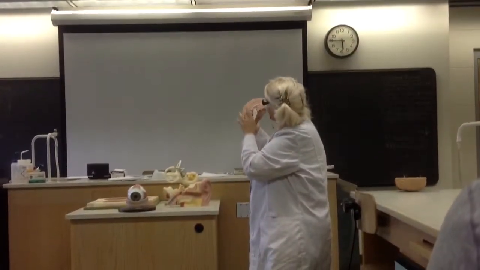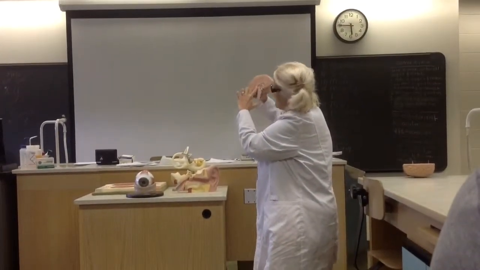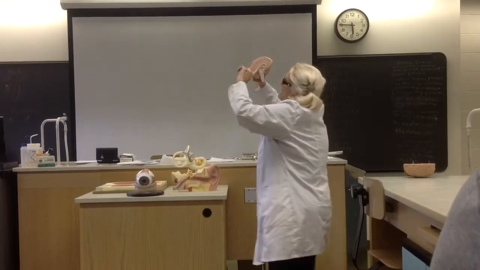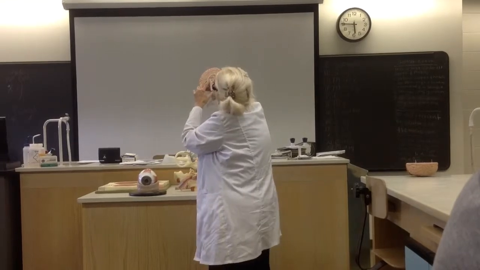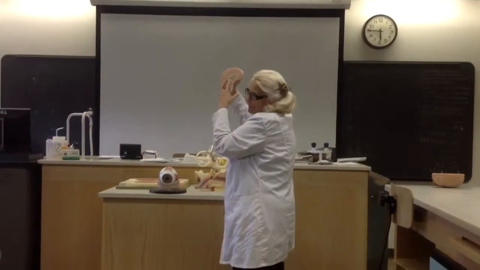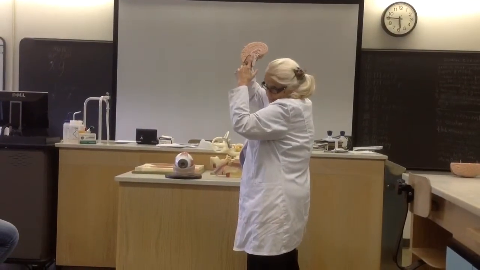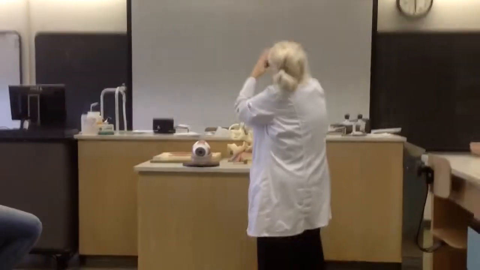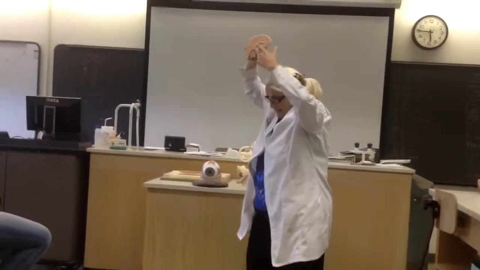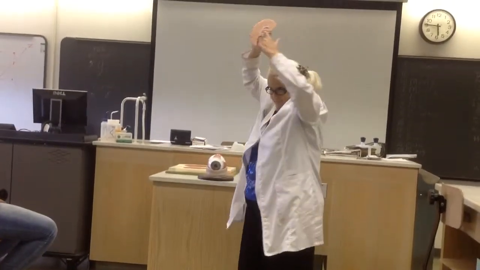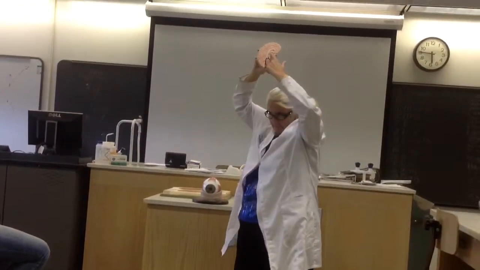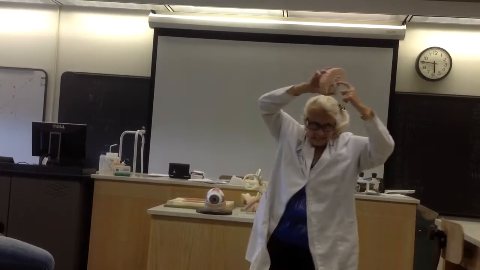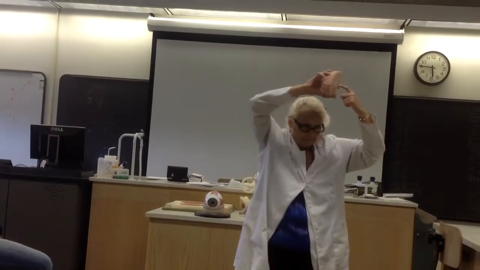You have the pineal gland, which is the head of this pink sperm-shaped area. If it's sitting right in here, anywhere right in there, it's going to be a pineal gland. If it's sitting right here, what is it? Thalamus. If it's down here, it's hypothalamus.